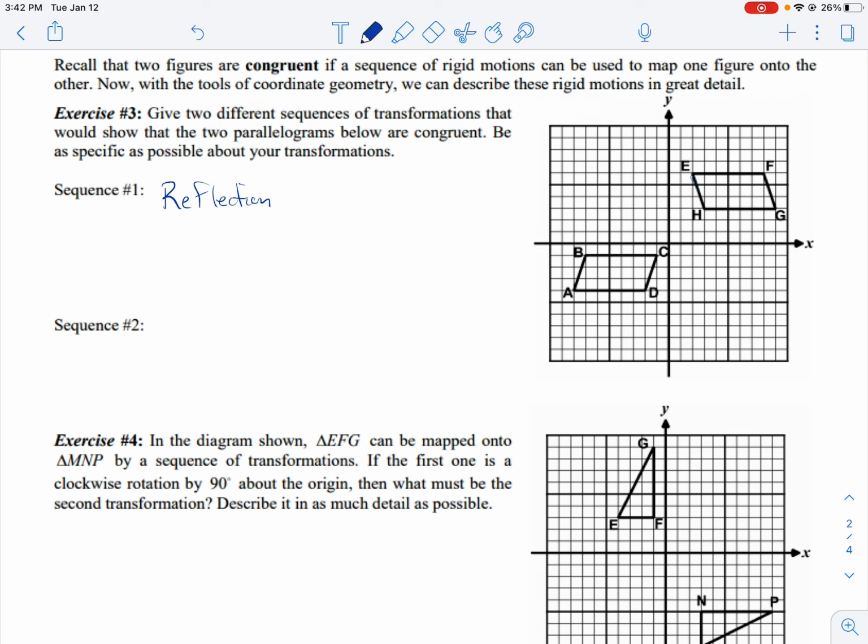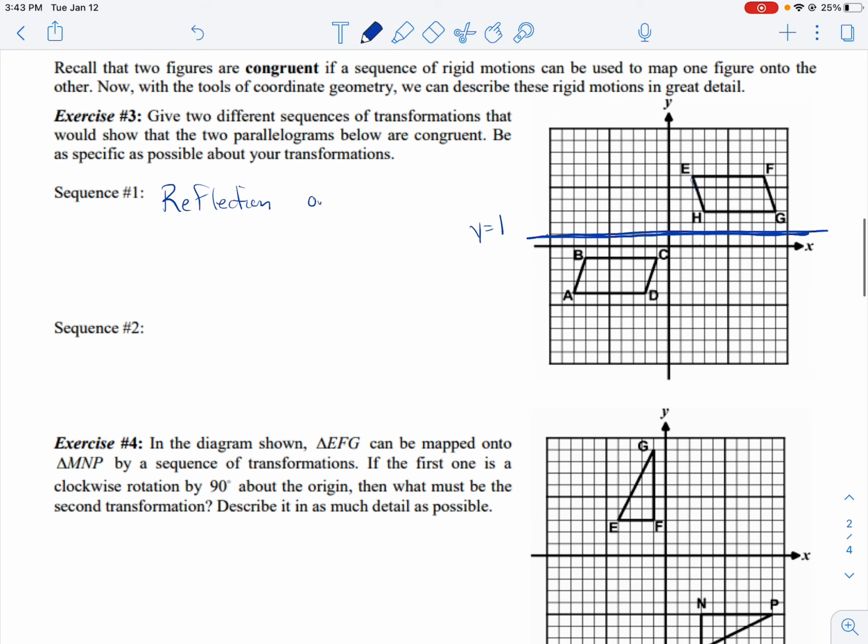Reflection where? Well, if you look, we've got 1, 2, 3, 4 spaces in between these two images. So I'm going to reflect this image over this line right here, y equals 1. So reflection over the line y equals 1. Let's just see what that looks like. So two values here, this is going to go 2 up here.